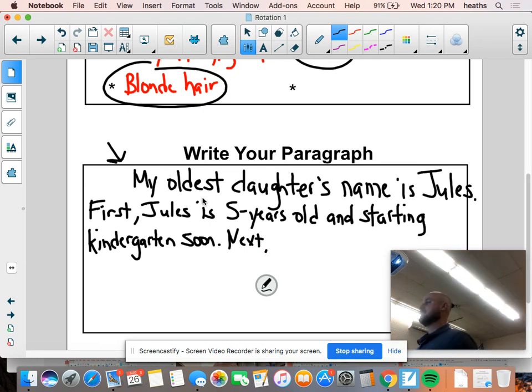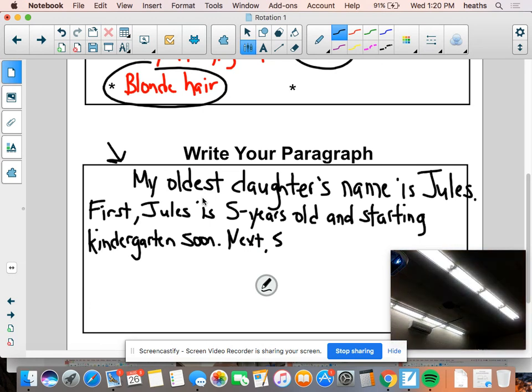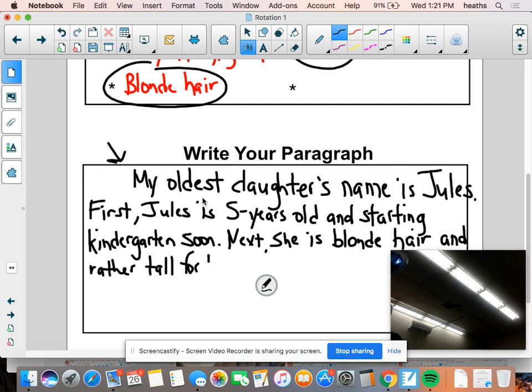So next, she has blonde hair and is rather tall for her age.